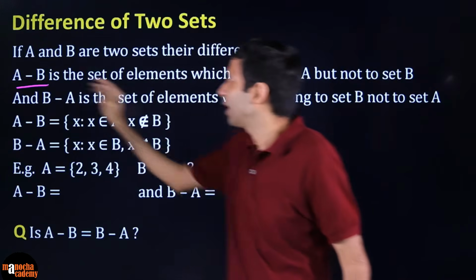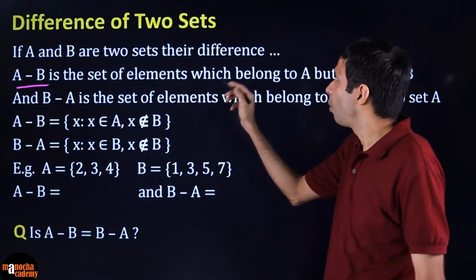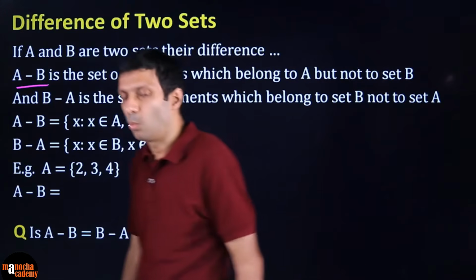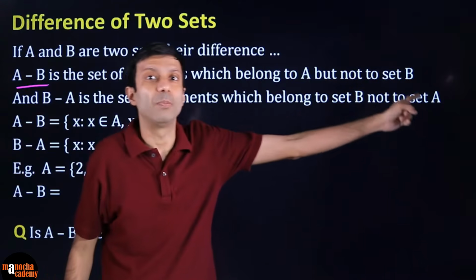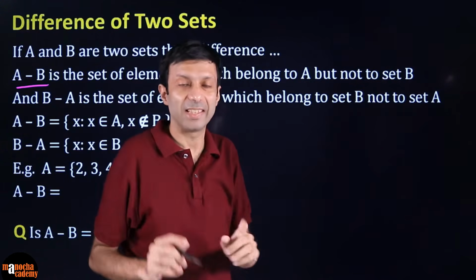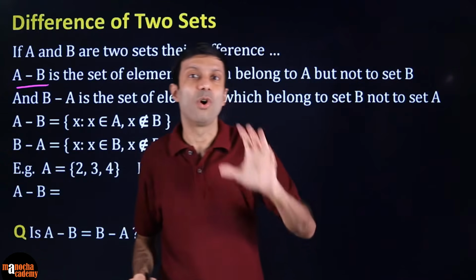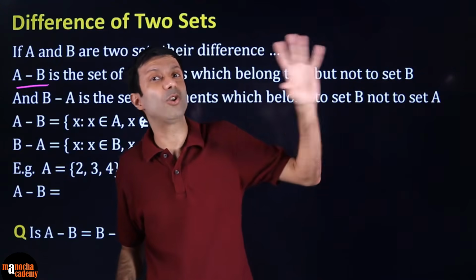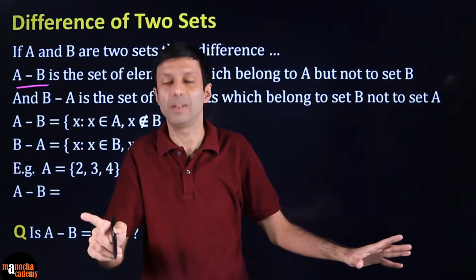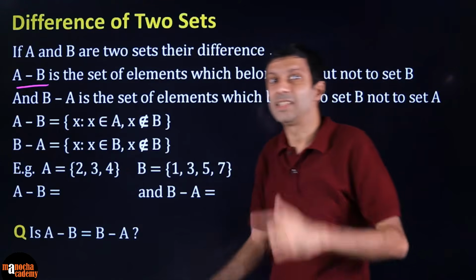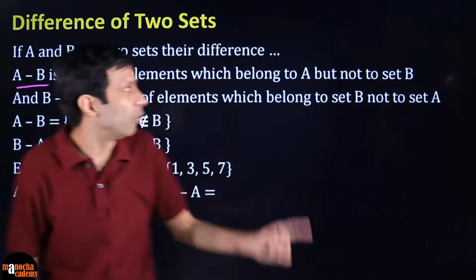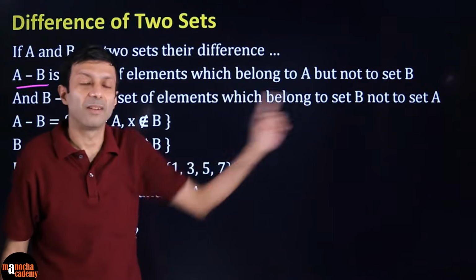So A minus B is the set of all those elements which belong to A but they do not belong to B. So please remember it like this. A minus B means all the elements which belong to A but they are not in B. Similarly, B minus A is the set of all the elements which belong to B but not in A.